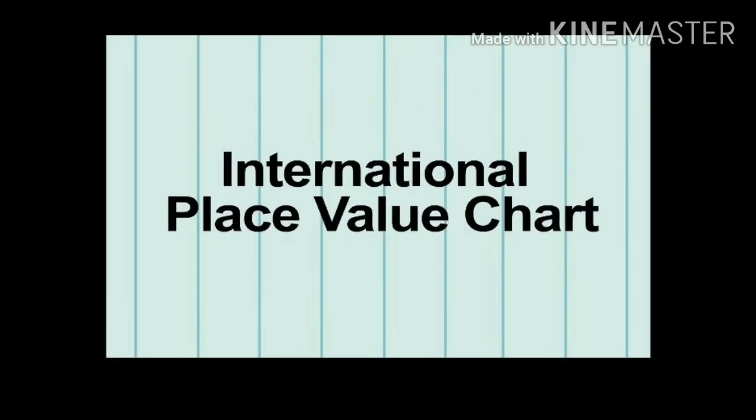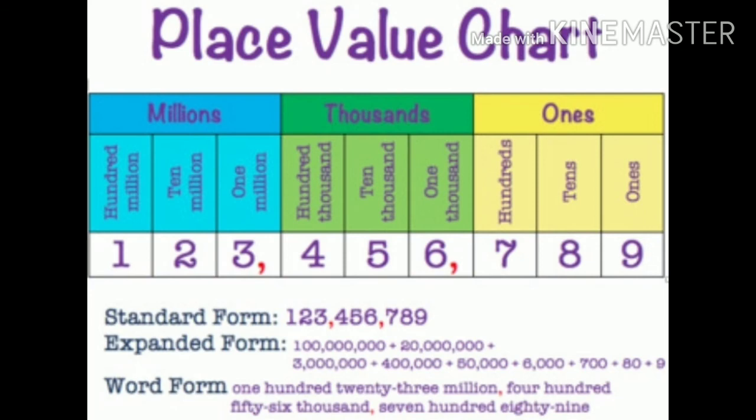Next point is the international place value chart. The given image shows one example denoted in the international numerical system. The first 3 digits from the right make the ones or unit period, similar to the Indian system. The next 3 make the thousands period, the next 3 make the millions period, and the next 3 make the billions period.